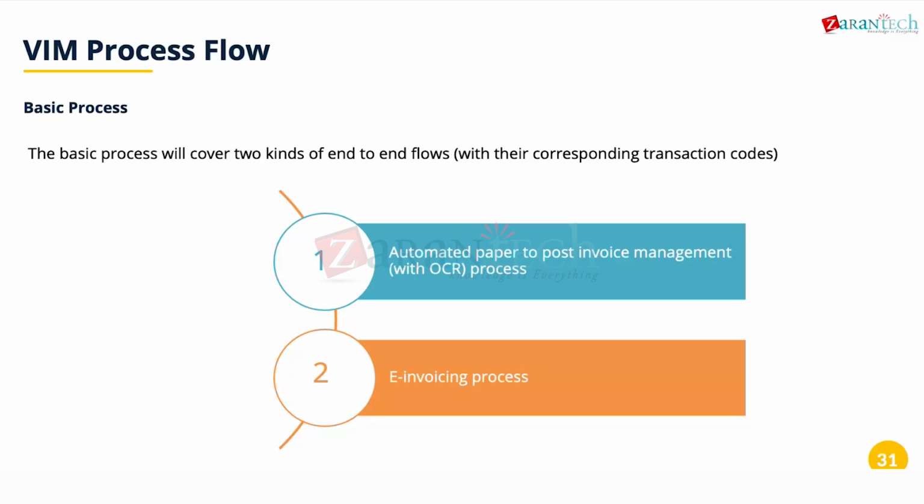The unstructured data is email with a PDF or a scanning solution where paper to posted invoice happens. So if e-invoicing comes into the picture, if it is coming with structured data, then the involvement of the BC framework reduces at large, because it's only translating that particular element directly into the VIM solution.